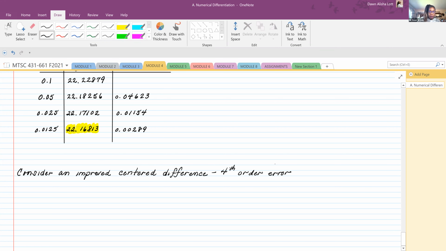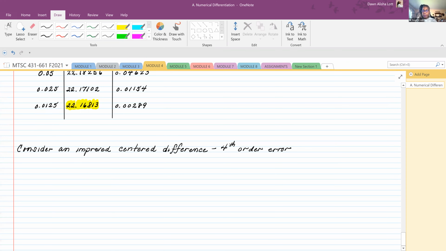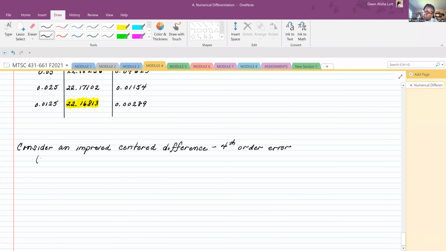So now we're going to use more neighboring points, and the more points you use, the more you can reduce your error.